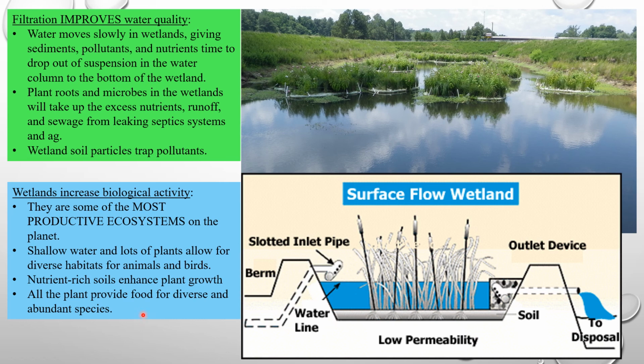And migrating animals always like to stop over in wetlands because there's so much available in the food web and for habitat and protection while they migrate. And like I said, their soils are amazing, which is part of why so many plants can grow in them. So lots of plant diversity, lots of plant abundance, lots of species diversity, and lots of species abundance.